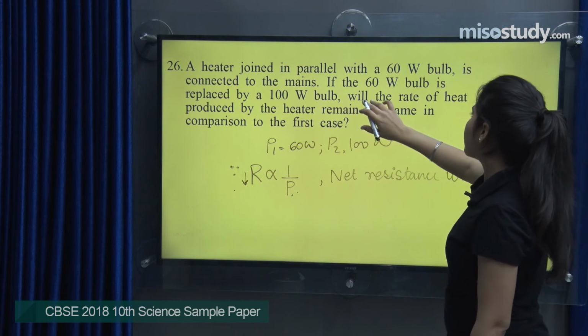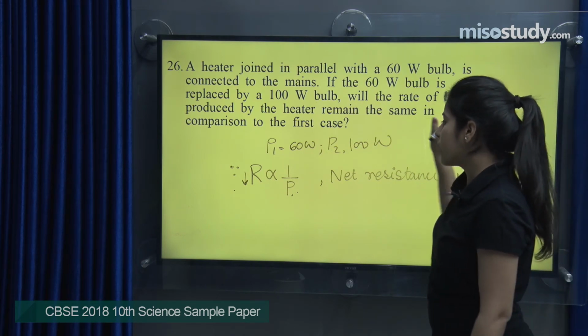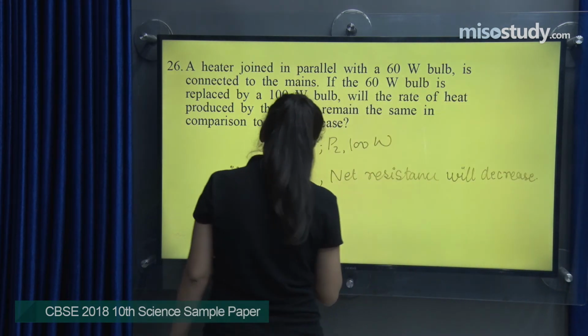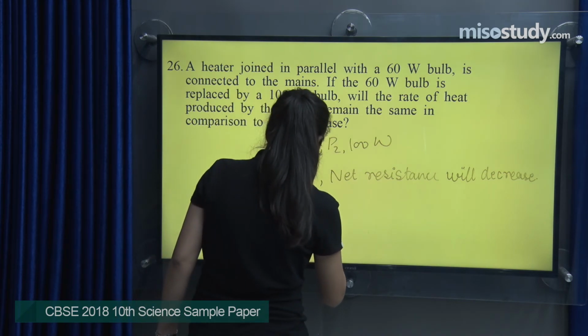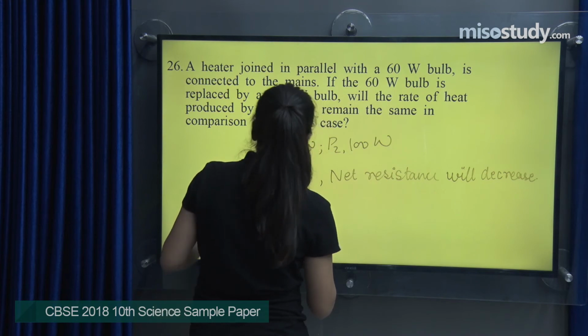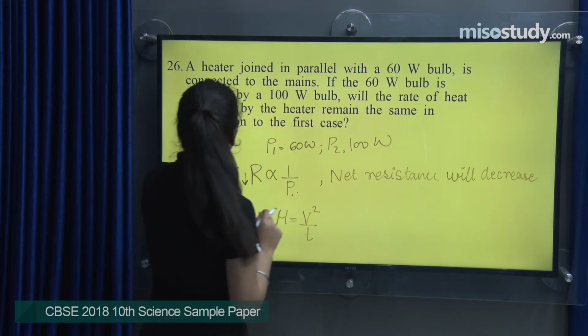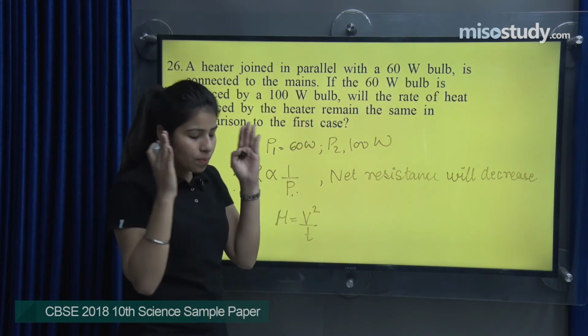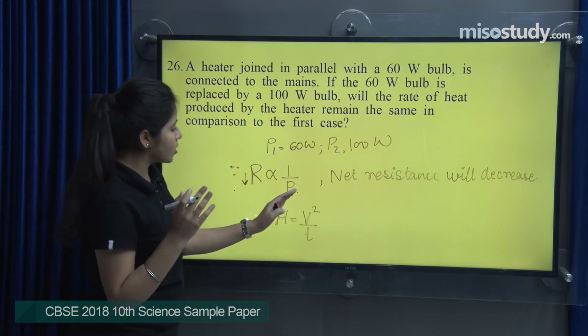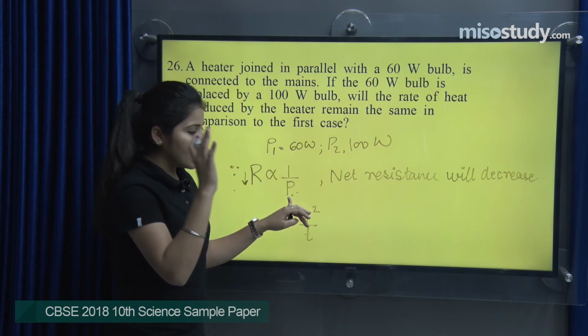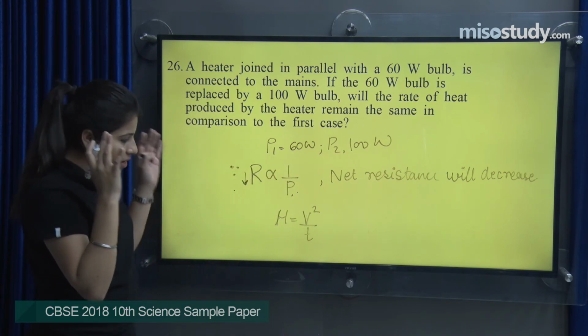Now we have to tell them, will the rate of heat produced, heat, that means energy, H equals V squared T by R, by the heater remain the same in comparison to the first case. So we just have to think of any formula that will be related to this. We have said that resistance is decreasing.